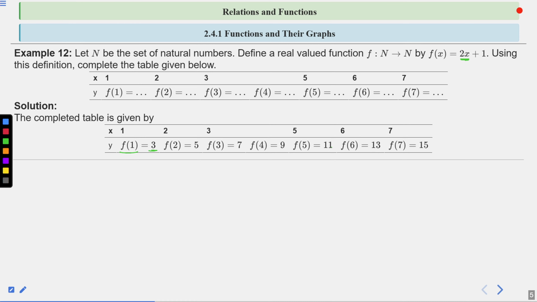Now focusing on this. In this we are going to associate 2 with 5. Why? Because if you substitute 2 here, you will get what? 2 times 2, 4, plus 1, 5, and so on. Clear? Is this solution clear to all?